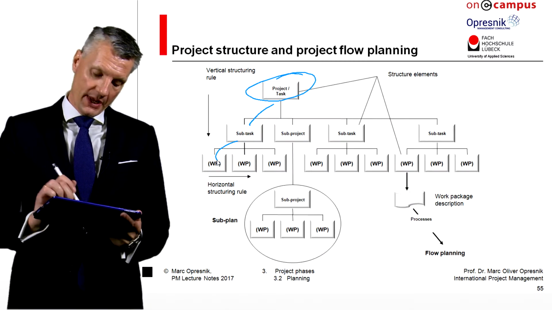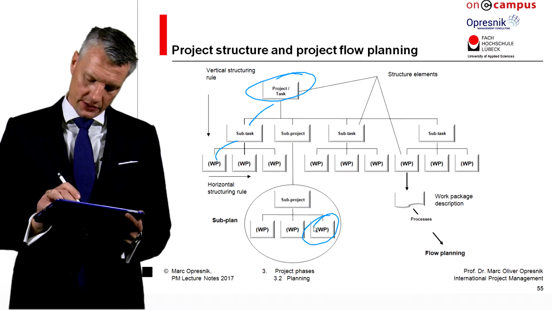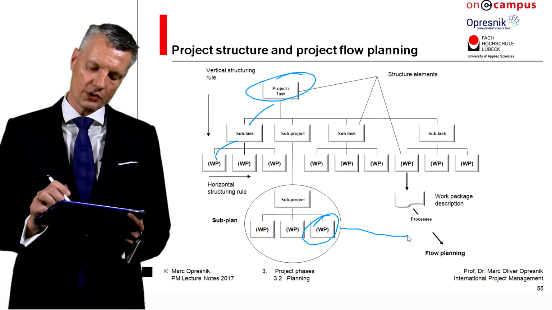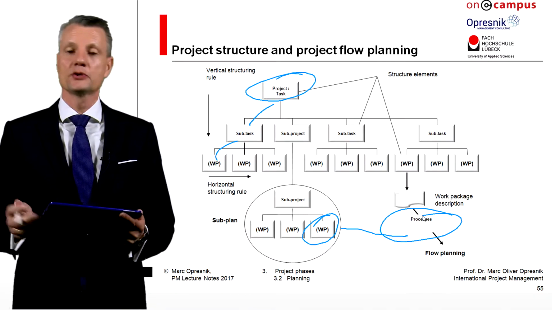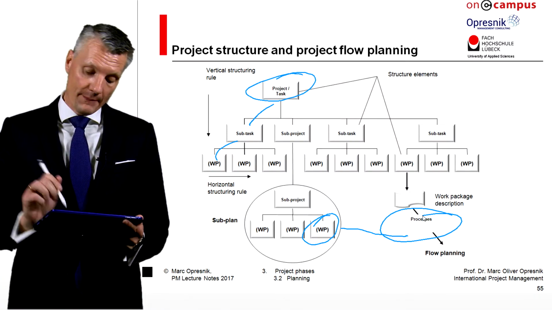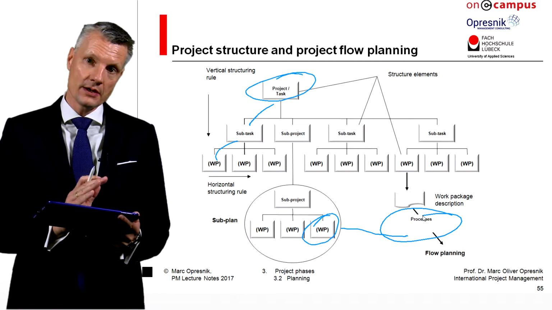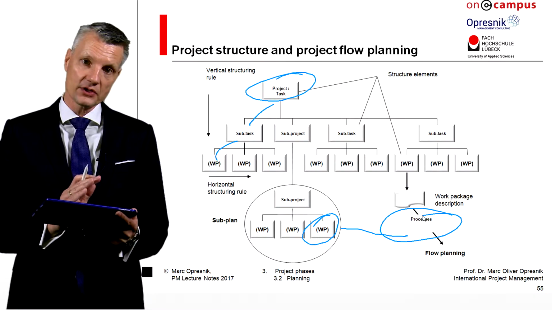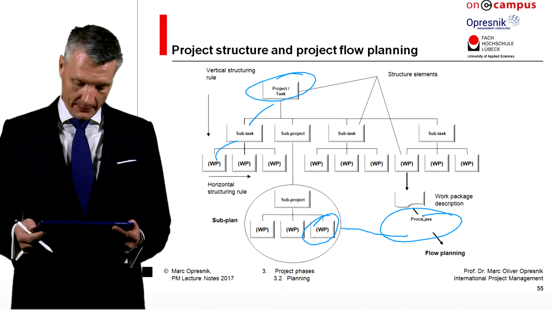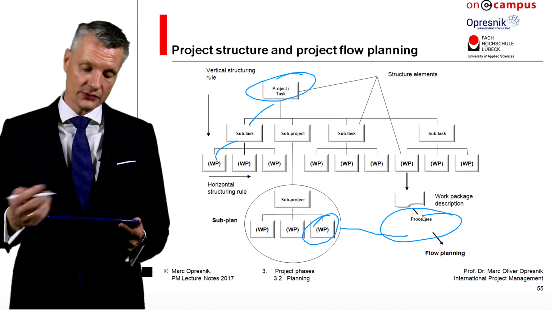And of course, a work package, like I've said before, is broken down into different kinds of tasks. So it is comprised of different kinds of tasks. But this is not listed here in the work breakdown structure. Otherwise it would not be very illustrative, because you would have to list here hundreds of different kinds of tasks.